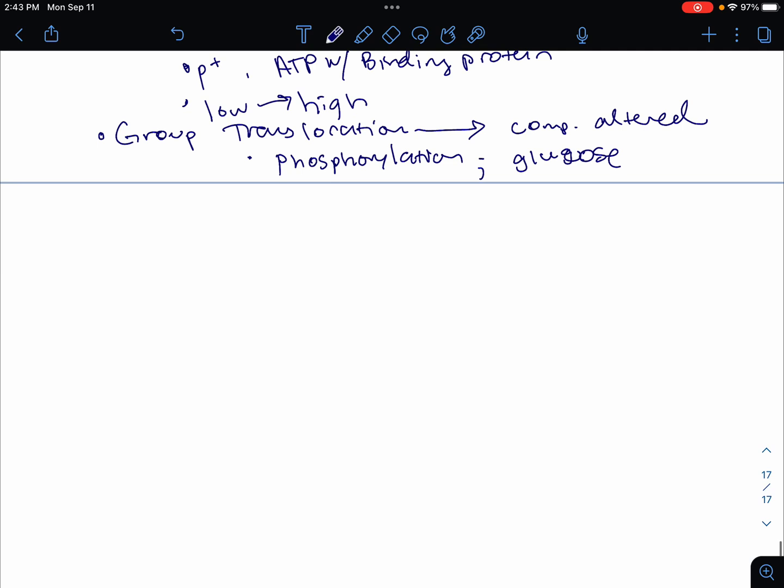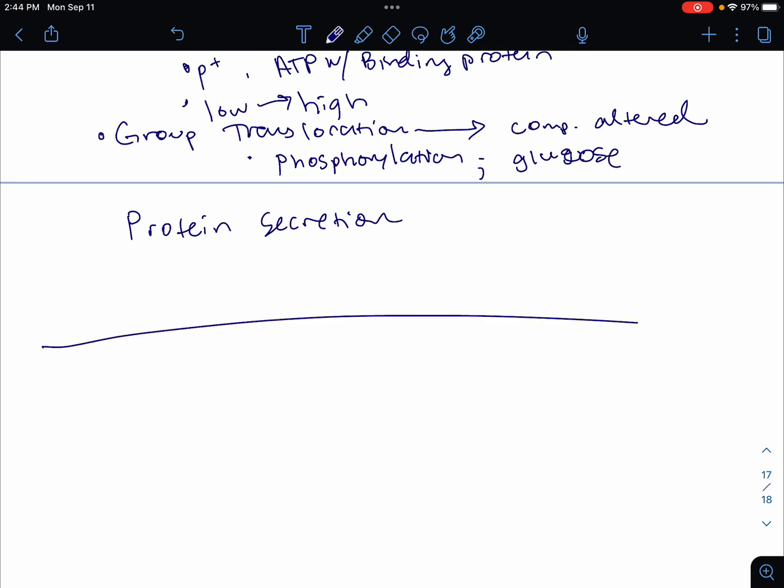We also have things such as protein secretion, in which a protein which is synthesized inside will be phosphorylated by ATP into ADP, so that phosphorylates that protein.